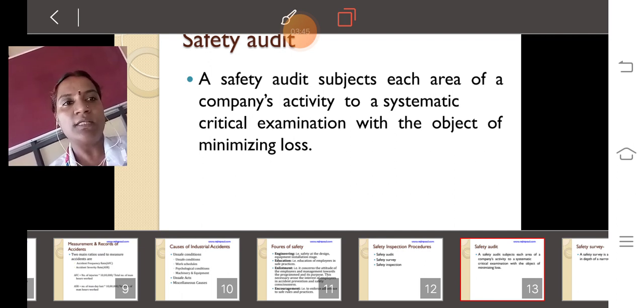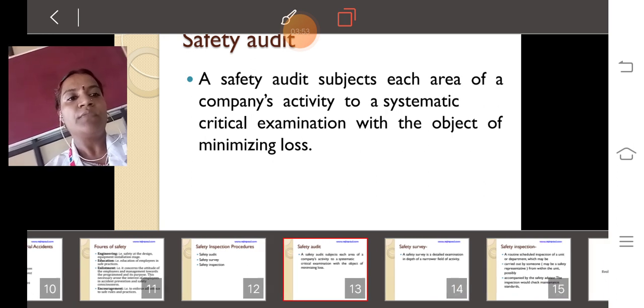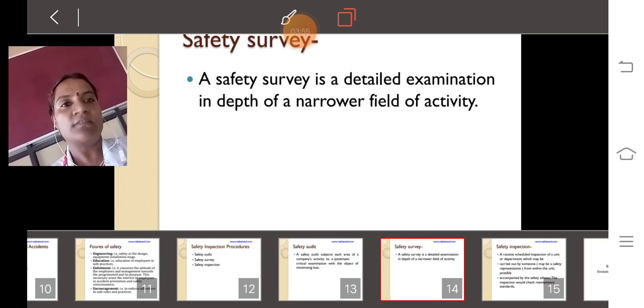First we have to know about safety audit. Safety audit is nothing but a systematic critical examination with a particular object. This is called safety audit. And next one is safety survey. Safety survey discusses the in-depth examination of the object and how it causes injuries to employees.